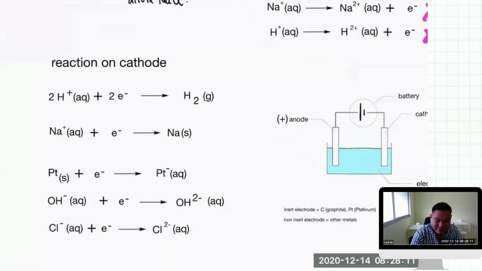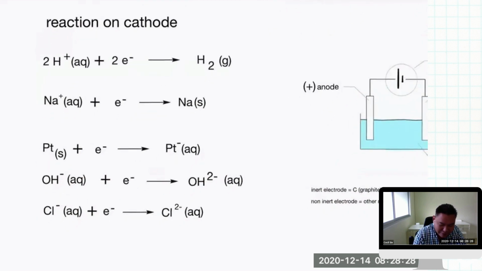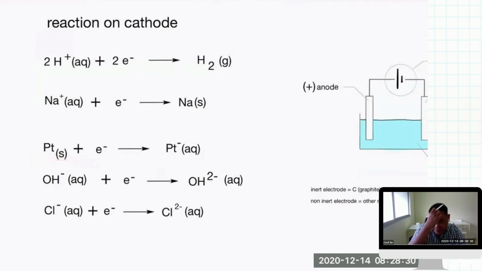We have five substances that can be reduced. 3 of them are very unlikely to be reduced. I explain these 3 first. Number 1, platinum. First of all, platinum is a metal.